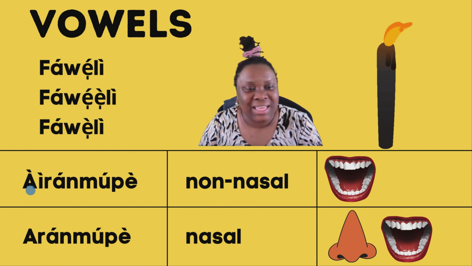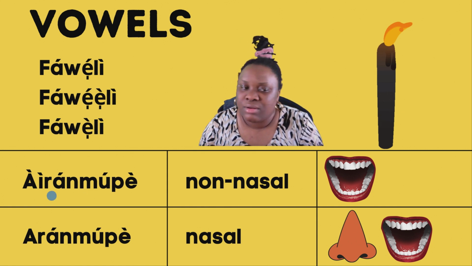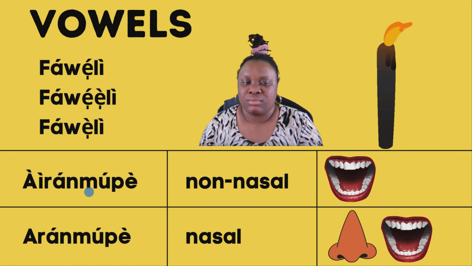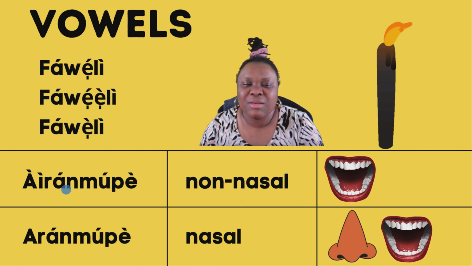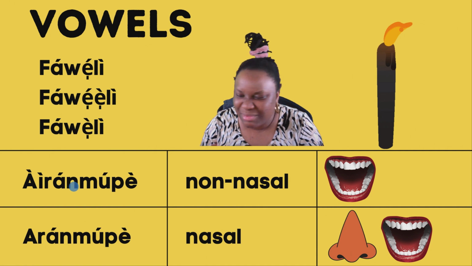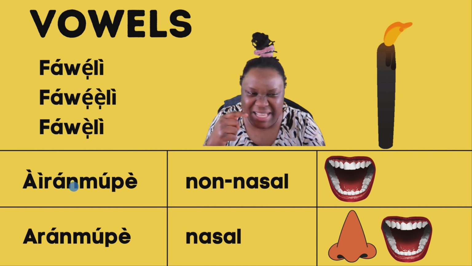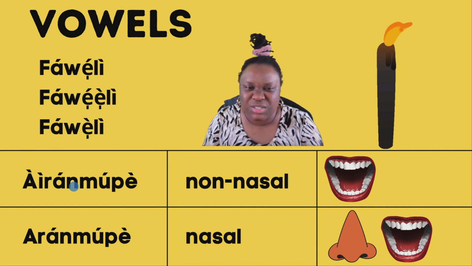Àìránmúpè, àì. Ránmú, rán, imú. What I'm doing is squeezing my nose. Ránmú, rán, imú are the two words combined here. Squeezing the nose, making that nasal sound with the nose.